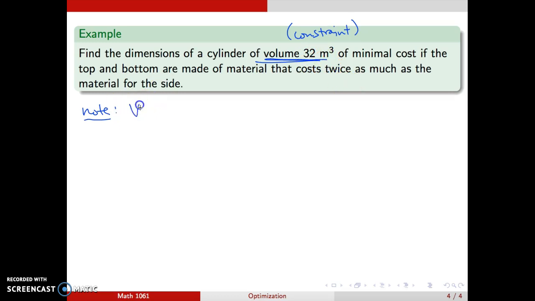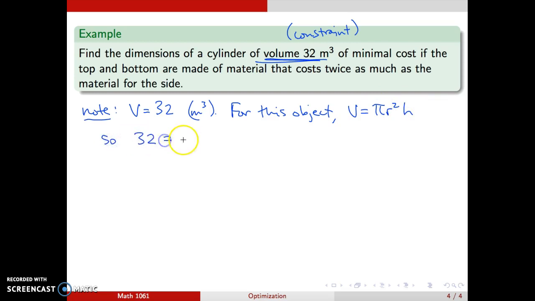So using what we had, I need the volume to be 32 cubic meters for this cylindrical object. The cylinder volume would be pi R squared, the base area, times the height. So 32 equals pi R squared H, or H equals 32 over pi R squared.